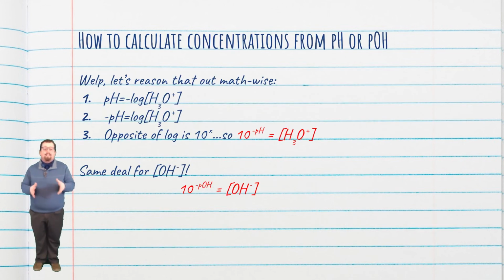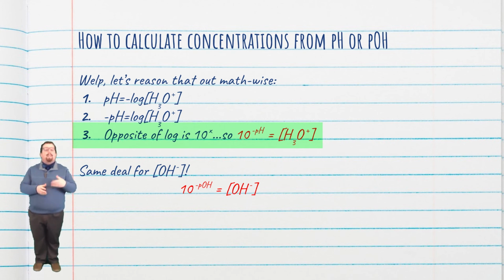One last calculation you need to know: if you have the pH or the pOH and you want to find the concentration, you simply have to do the reverse of the negative log. Step 1 here has our original equation. In step 2, I flipped the negative to the other side. And in step 3, I did the opposite of log, which is 10 to that.